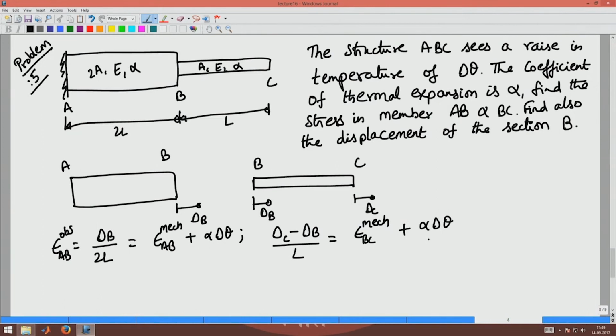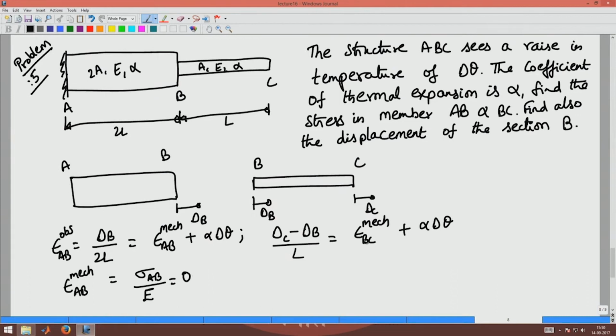Now, since there is no force applied in AB, what will be the mechanical strain in AB? From the constitutive relation, it would be the stress in AB by the Young's modulus E. Since there is no force applied in member AB, the stress is going to be 0.